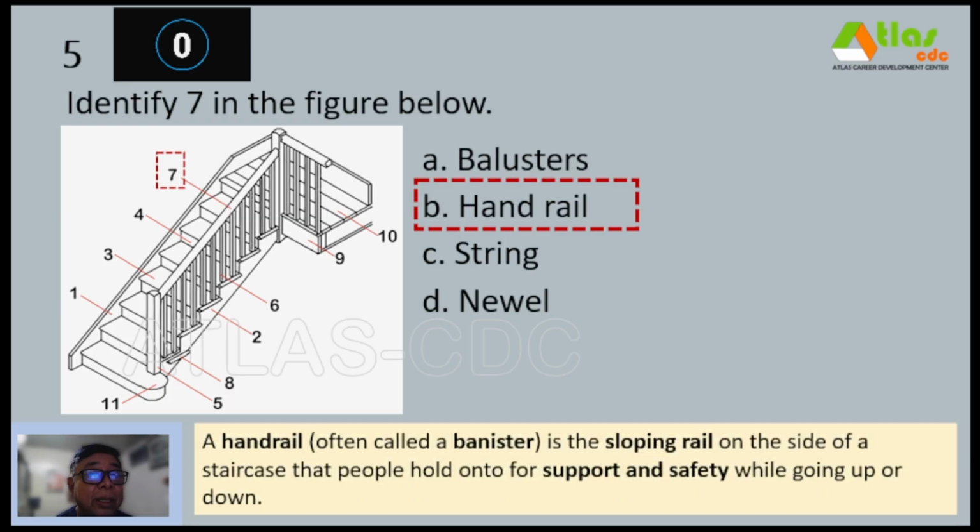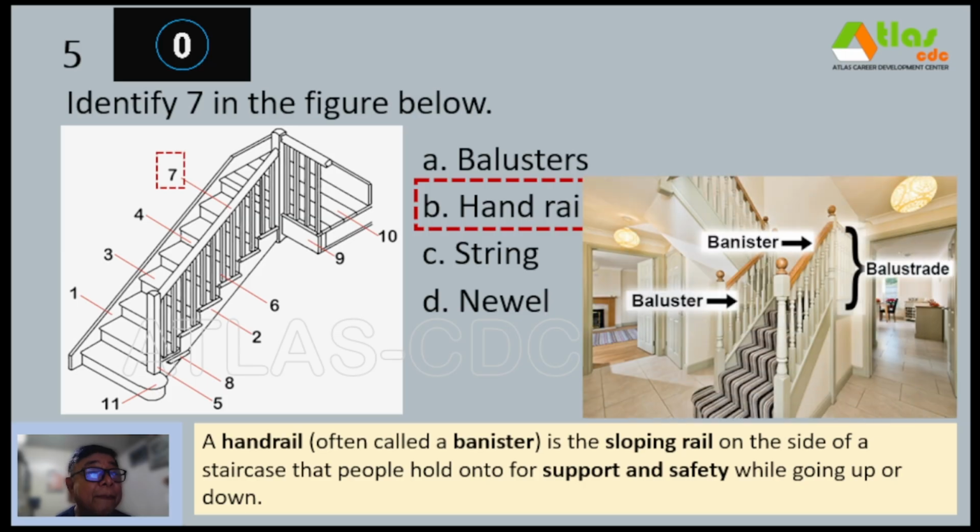So a handrail, often called a banister, is the sloping rail on the side of a staircase that people hold onto for support and safety while going up or down. So this is the handrail or the banister, and this one is the baluster, while the whole thing, the baluster, and this one is the balustrade.